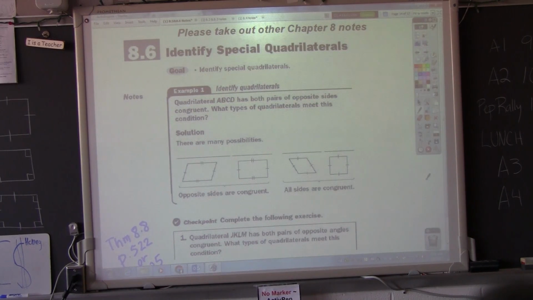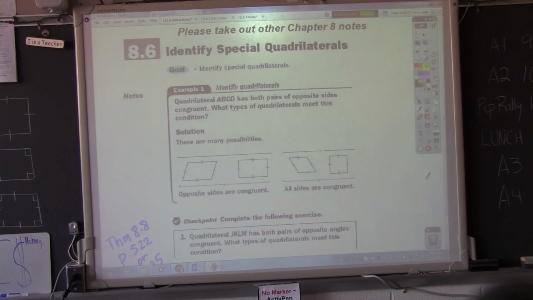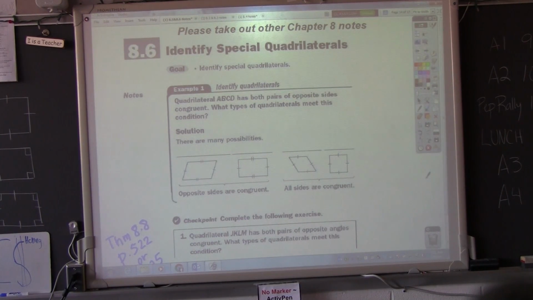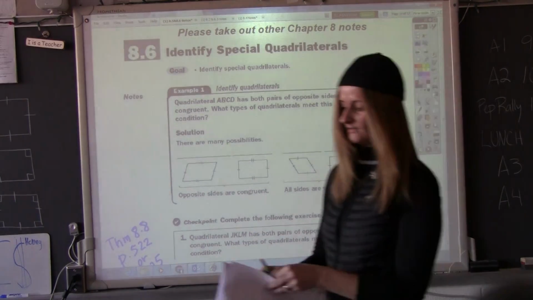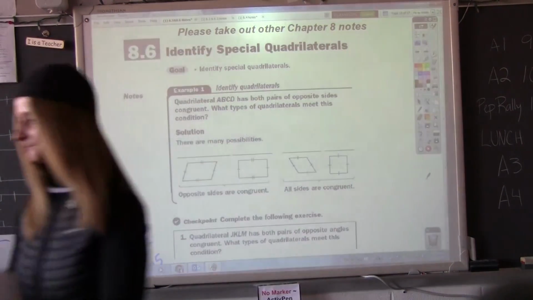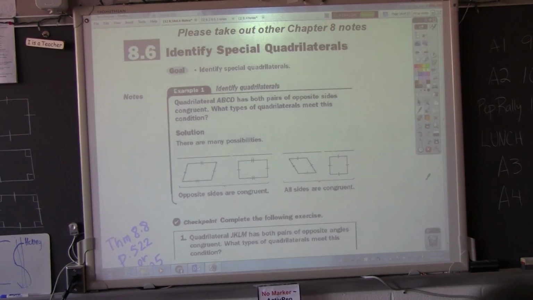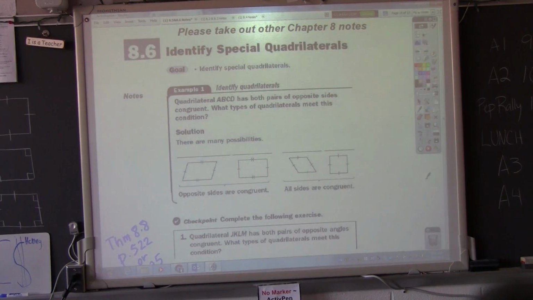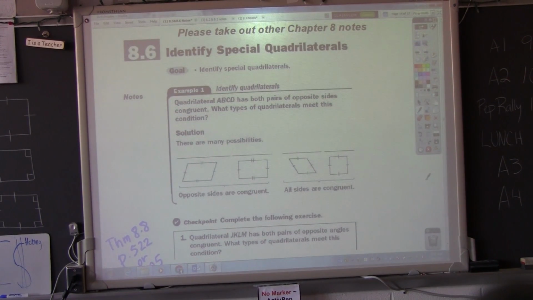One set has it, the other set does not. I'll grab one. You guys can strip this page out. Anybody else? Everybody else has it.